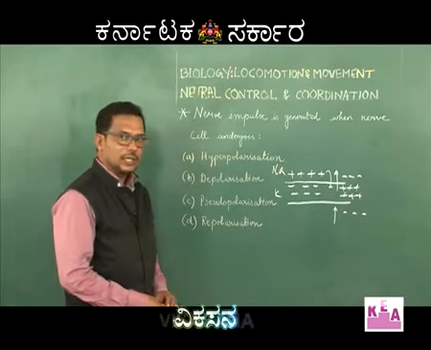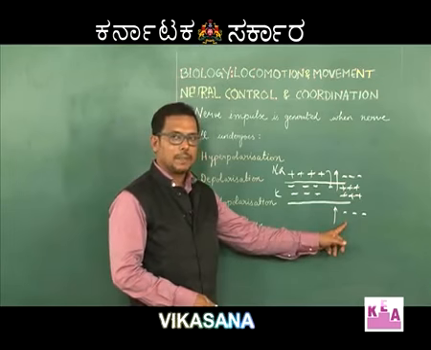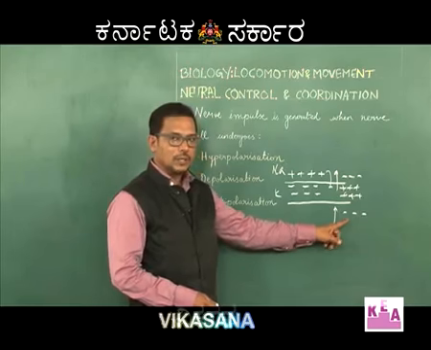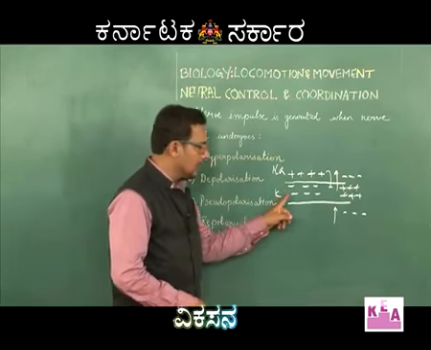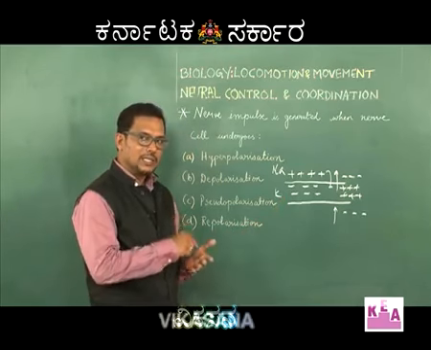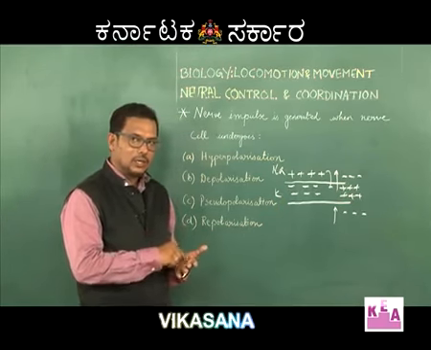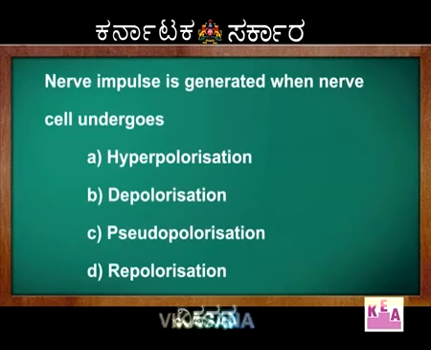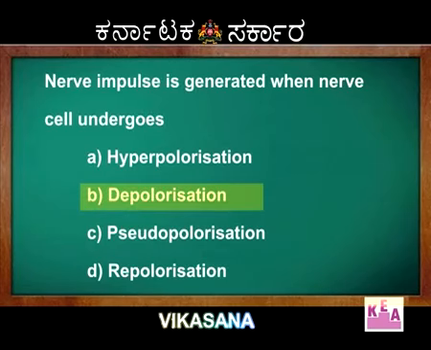Before conduction of nerve impulse, the condition is called polarization. When a stimulus is given to the nerve fiber, it undergoes depolarization, and then repolarization. So, the question is, nerve impulse is generated when the nerve cell undergoes depolarization. Option B is the correct answer.